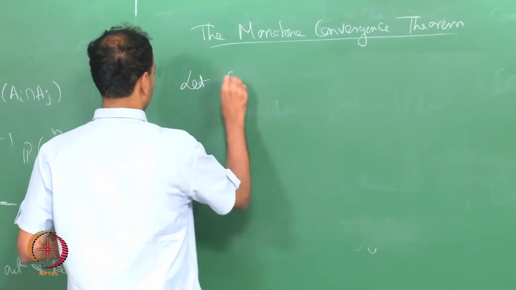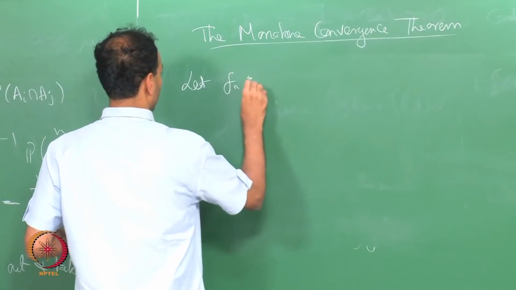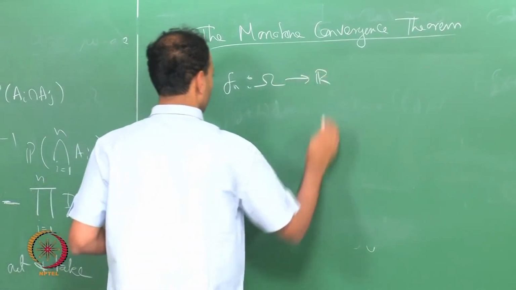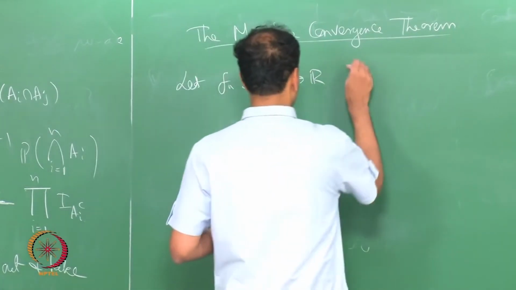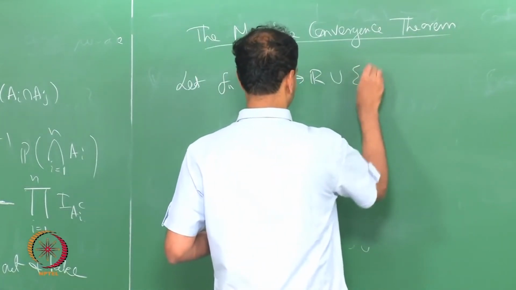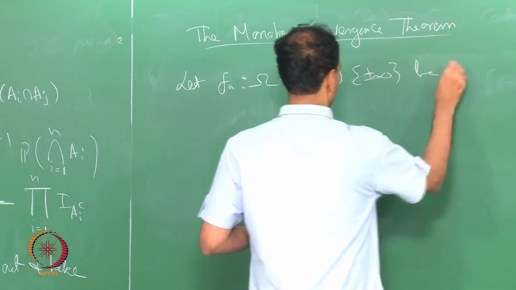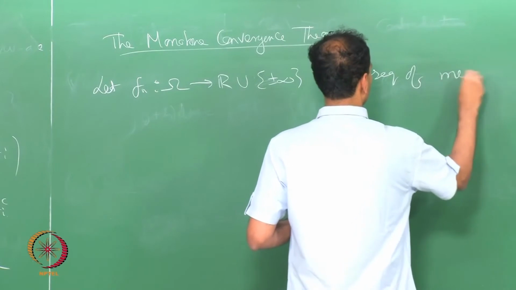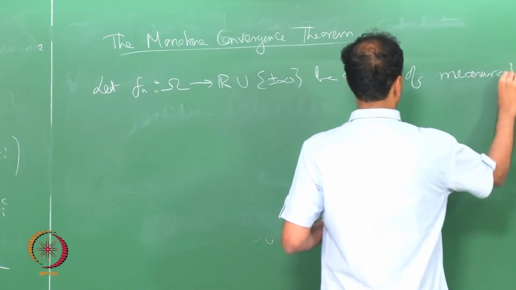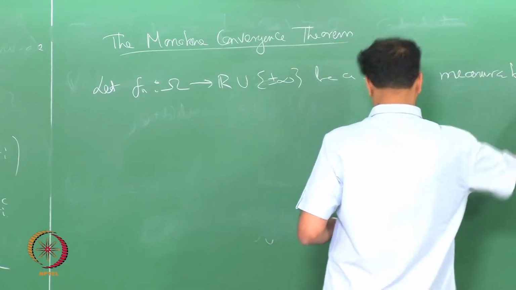Let f n from omega to R, this could actually be R union plus or minus infinity as well, be a sequence of measurable functions.